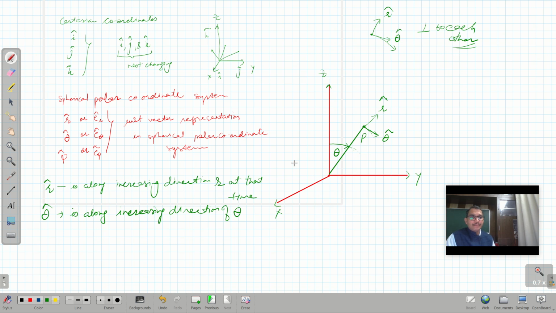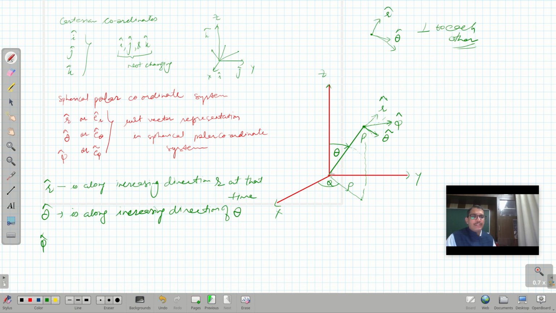Then, theta cap is this. Let us now have a look at it. If I draw a perpendicular from this point to the xy plane, this is the perpendicular I have drawn. Then this is, say, rho, and say this angle is phi. So it is going like this. If I draw this, then this is phi cap, meaning the direction in which phi is changing.